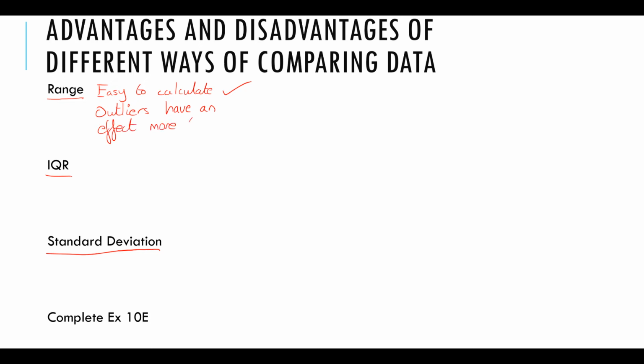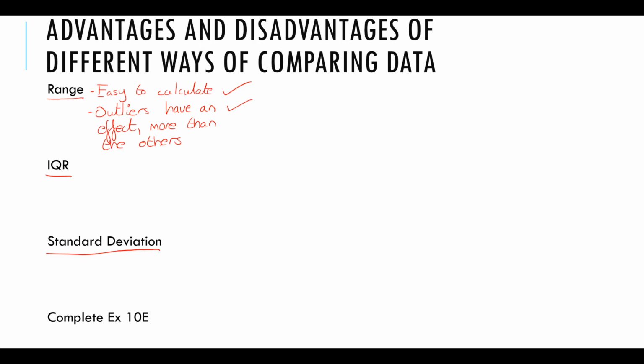And it's more than the others. So that is a drawback. One or two pieces of data can make it look like there's a really huge range, even if most of the time it was between a much smaller area. Okay, so that's the range.